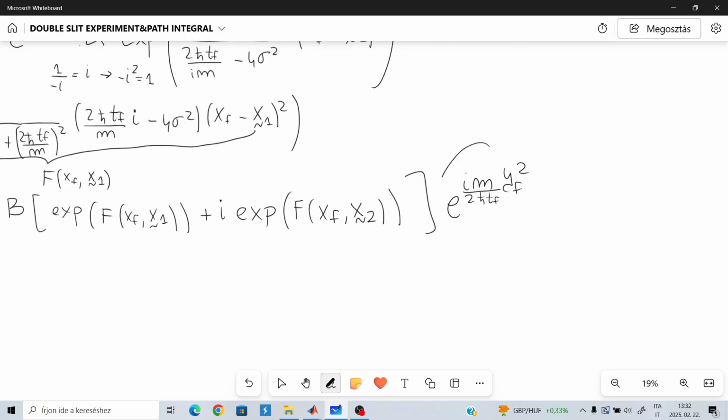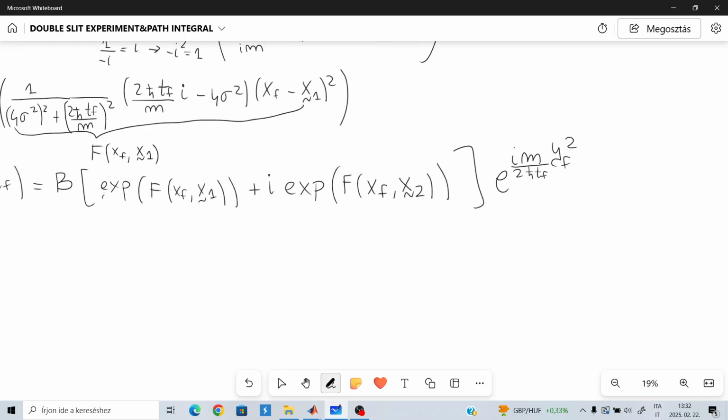So we will not be interested in this. The thing that we are interested in is this one, so the mod squared of this expression. That's the final part of the theory, of the formulas that we need.